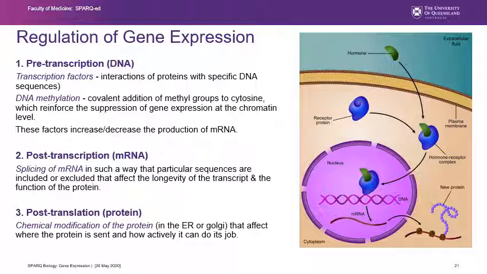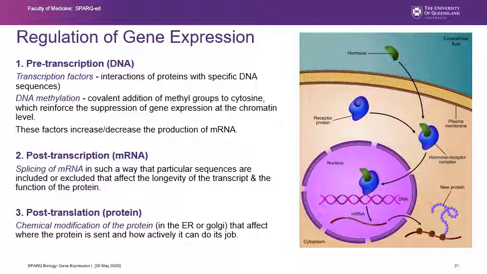With methyl groups, that's more difficult, therefore it reduces the rate of transcription of certain genes. Transcription factors can either increase or decrease the production of messenger RNA, the copy of the DNA.